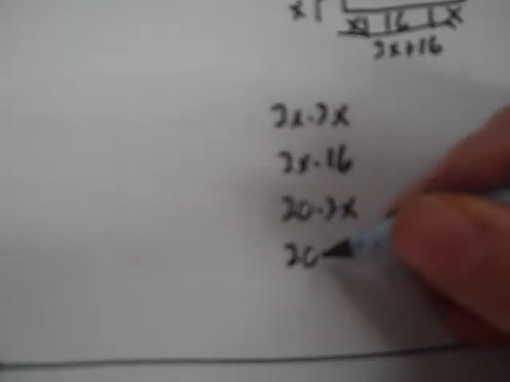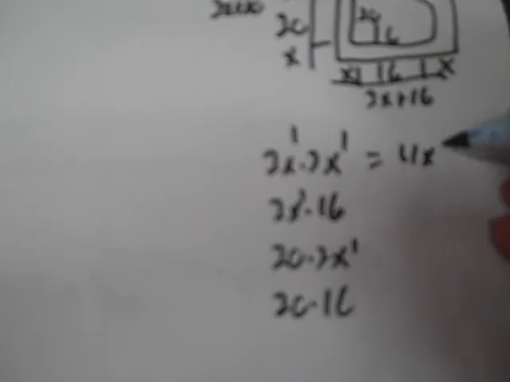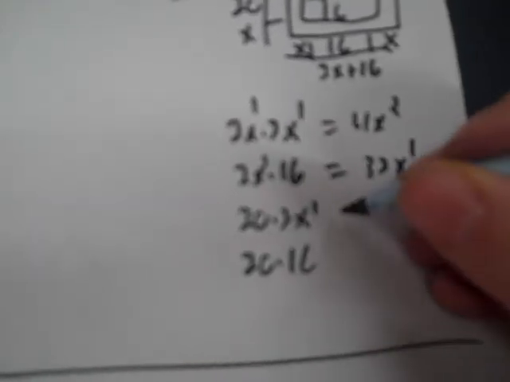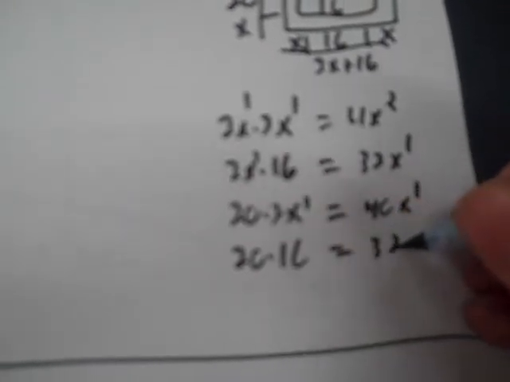That's done. And then 20 times 2x and 20 times 16. So that's 4x squared, 32x, 40x, and 320. Okay, check it.